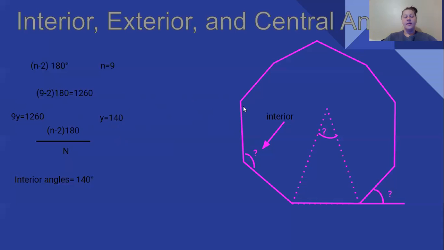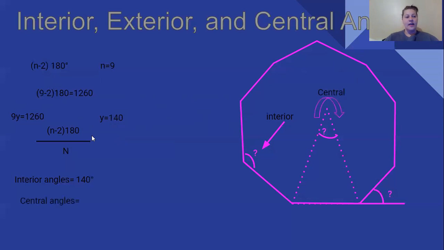Because we have the assumption that each angle just has a y there. So it'd be 1y plus 1y plus 1y plus 1y, equaling up to 9 y's, dividing it. So each interior angle is equal to 140 degrees.